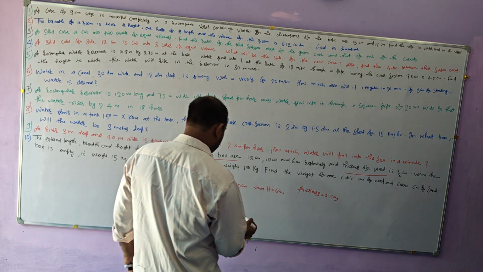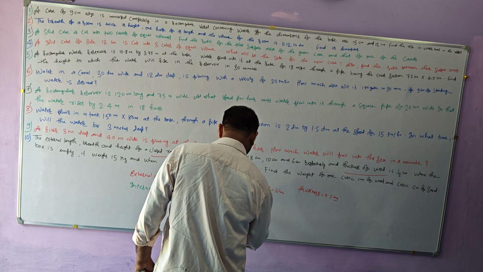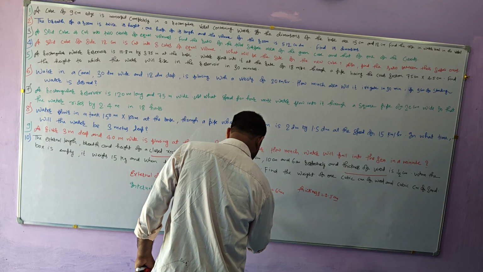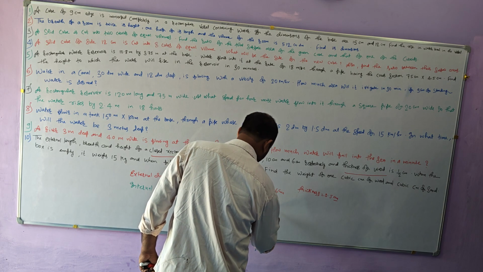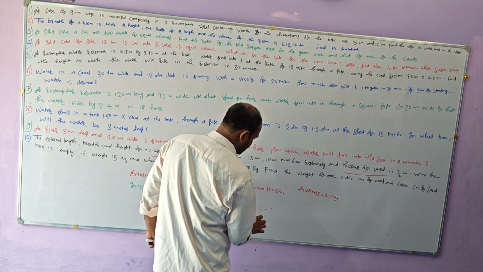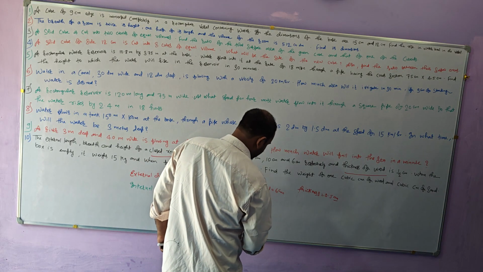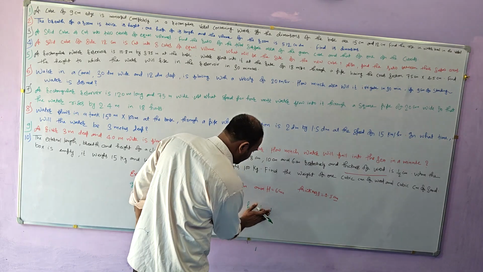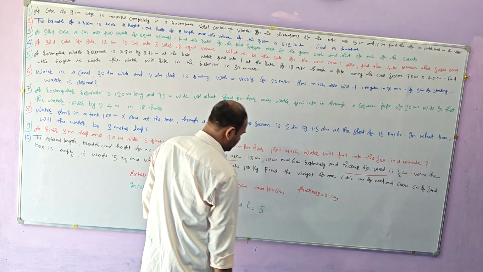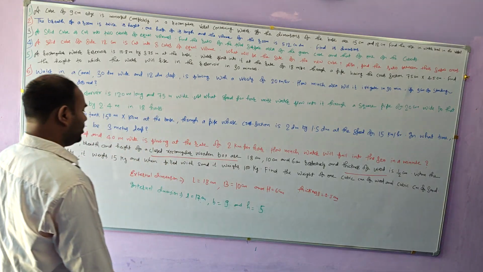And in the same way H becomes H minus 1, we have H as 6, so 6 minus 1 becomes 5.